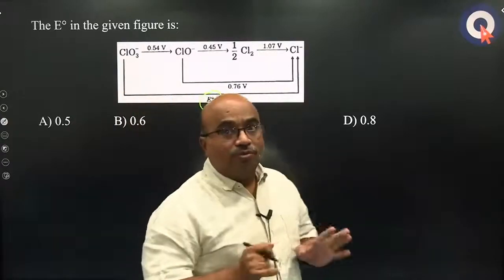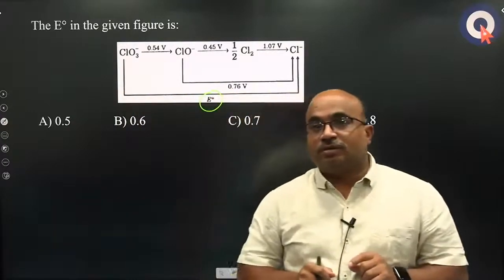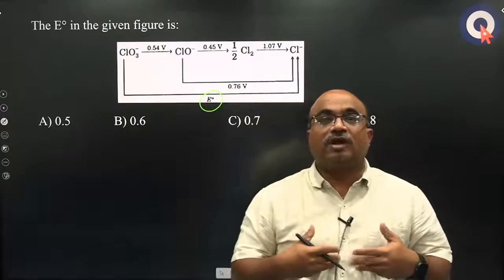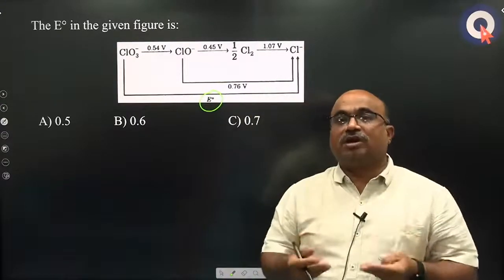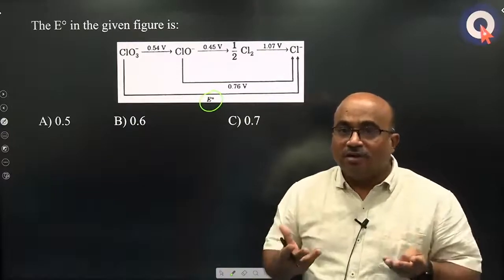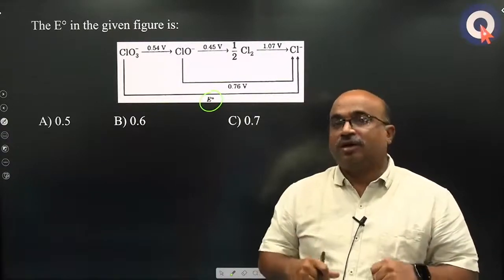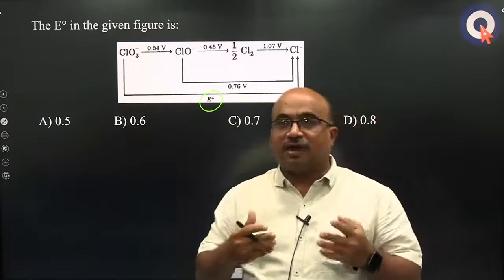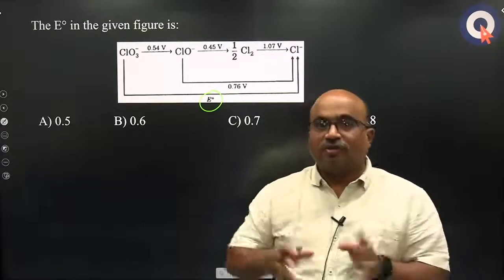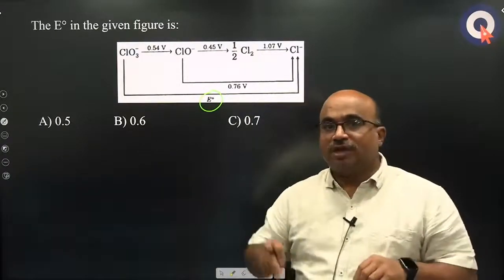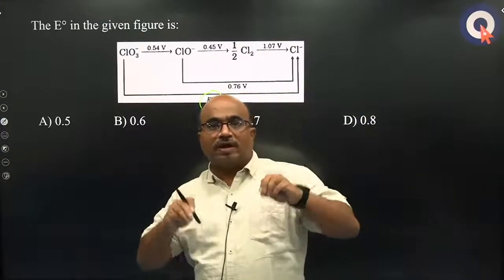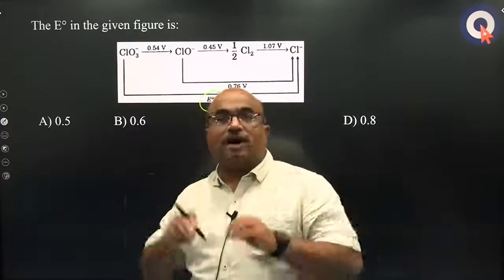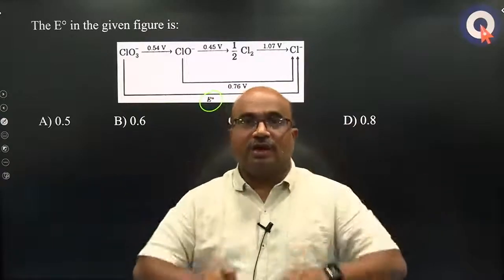So what do we do? Why do we sometimes say the cell potential is cathode minus anode, the reduction potential of cathode minus the reduction potential of anode? But when we do that, the half cell electrons are the same. At anode and cathode, if the cell reactions are the same, the number of electrons in the half cells are the same, and in the total cell also it will be the same.